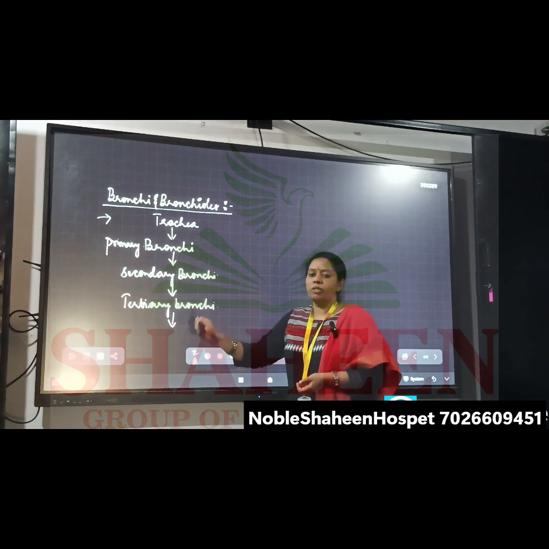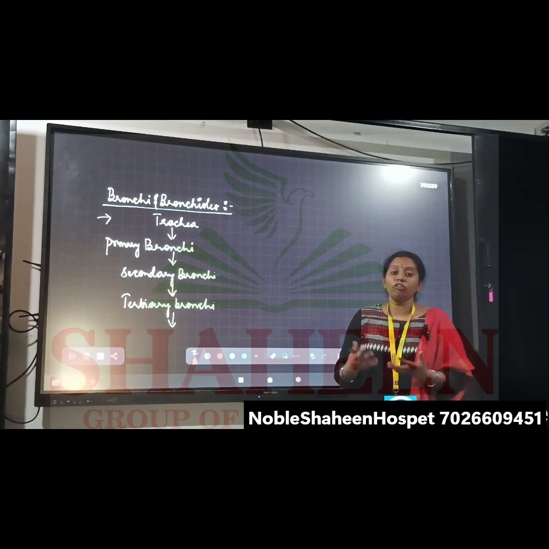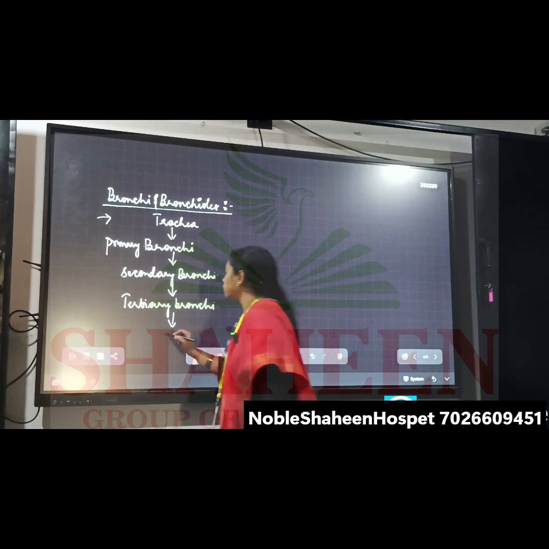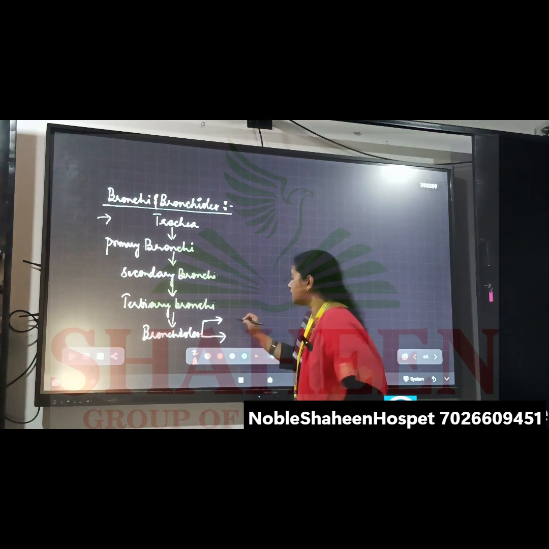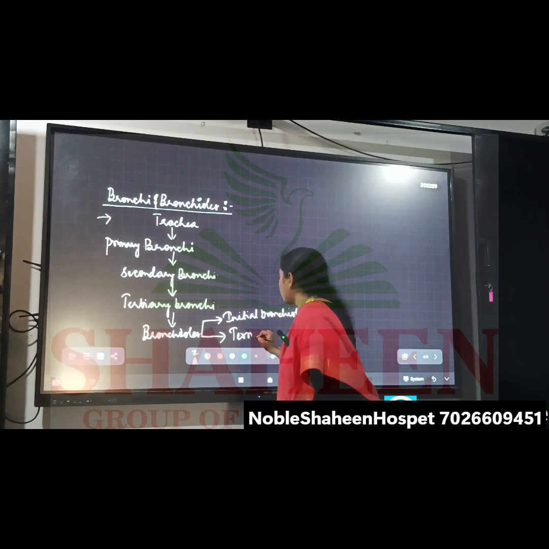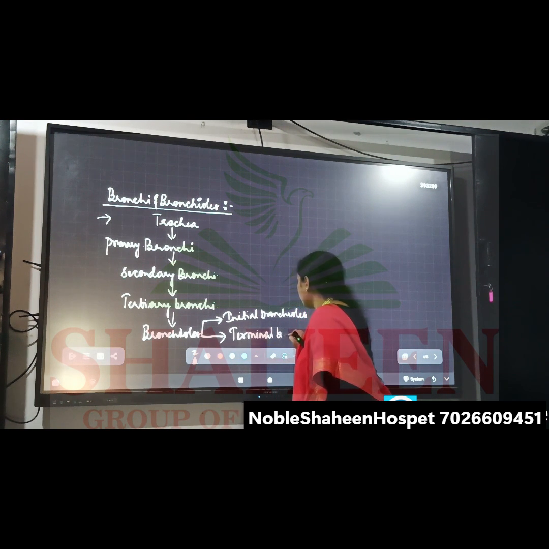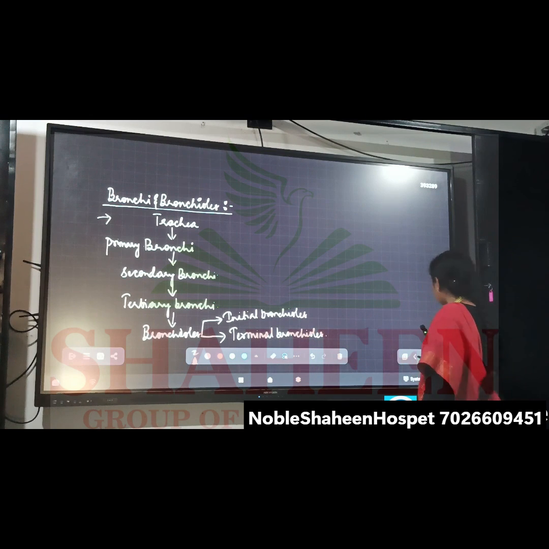And finally, this tertiary bronchi is going to divide, and it is going to give rise to a lot of branching, or networks of branching, which are called as bronchioles. So here also we can name certain things: the first beginning is called as initial bronchioles, and the last one is going to be called as terminal bronchioles. Okay, so let us just put all these things into the form of a diagram here.